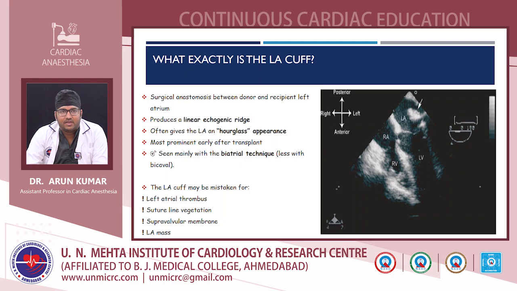It can also be mistaken for suture line vegetation, supravalvular membrane, and LA mass. This image is a midesophageal four-chamber view in post-heart transplantation. As you can see, the anastomosis of donor left atrium to the cuff of recipient left atrium creates an area of echogenicity that can be mistaken for a thrombus.